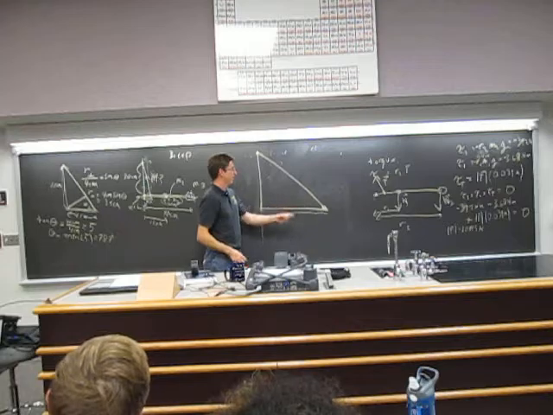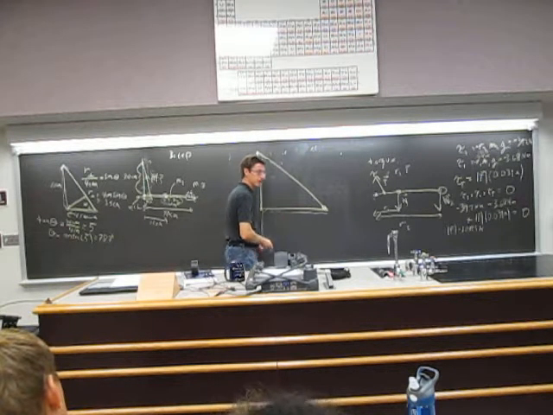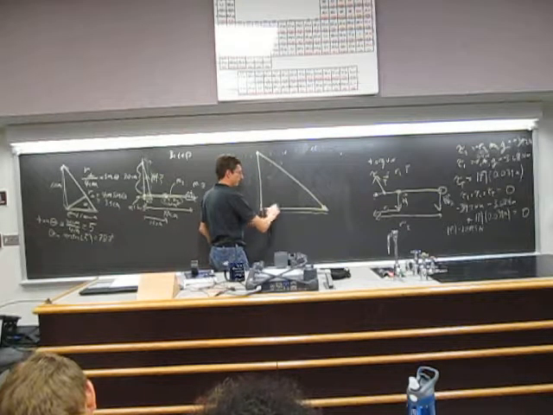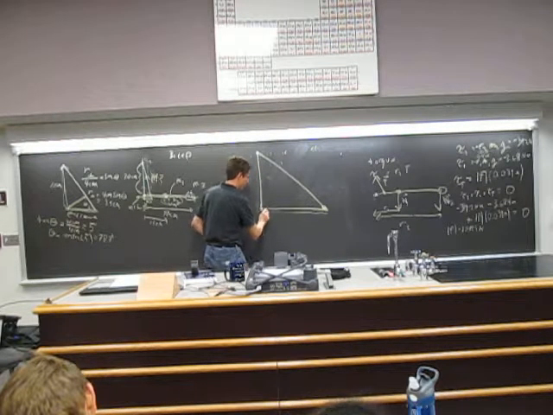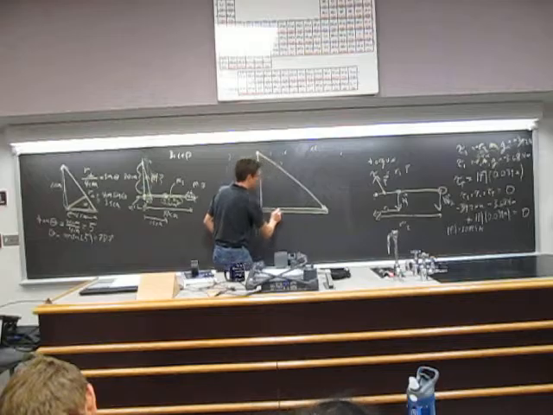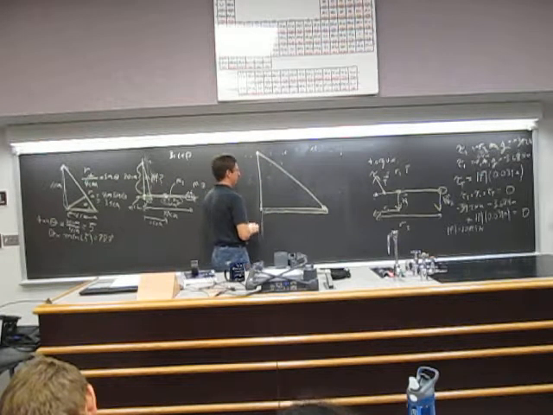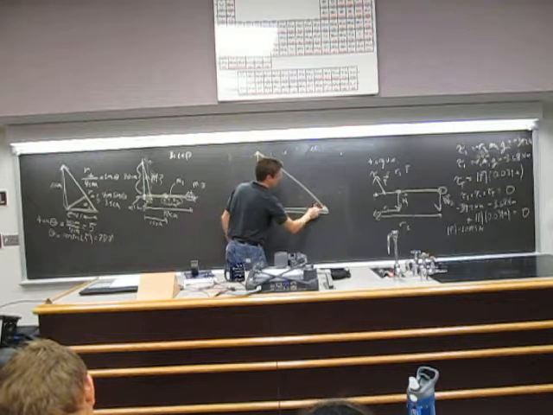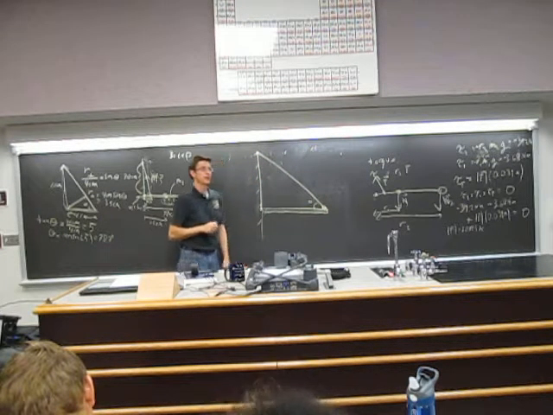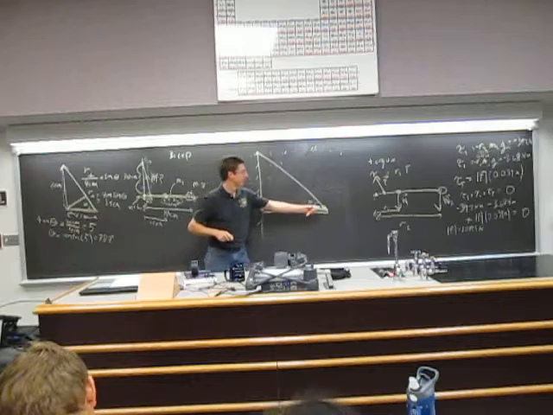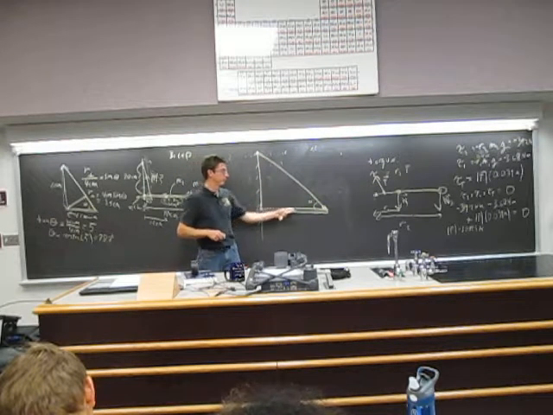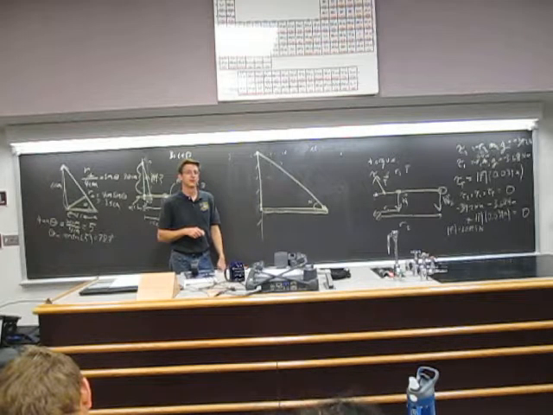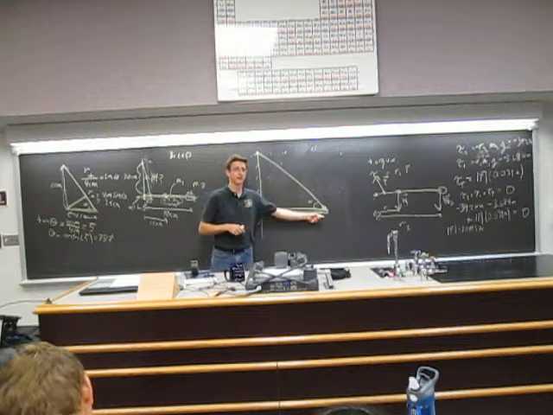So let's imagine I have a boom. Let me see if I can draw this. It's attached to a wall, so that this is some angle, theta here. And then this is a wire that's holding up this boom, which is just something solid, like a piece of wood or metal.